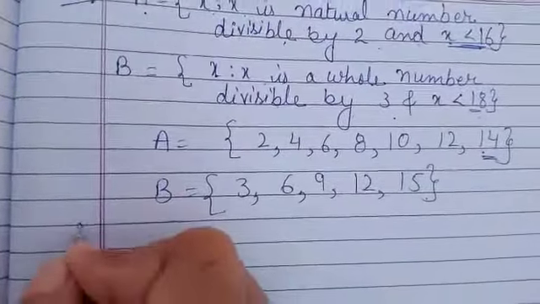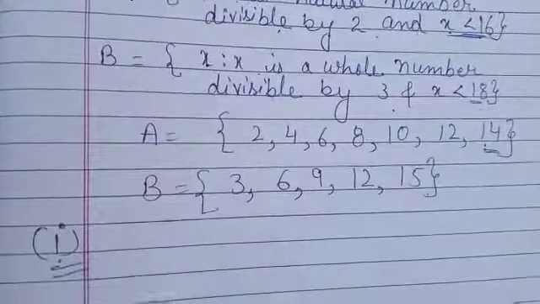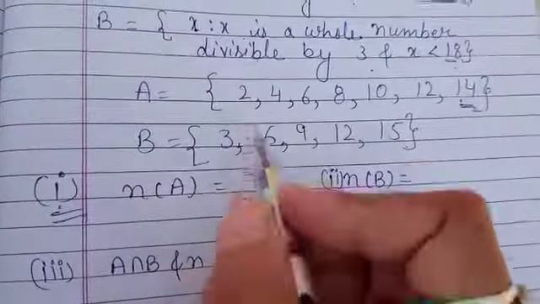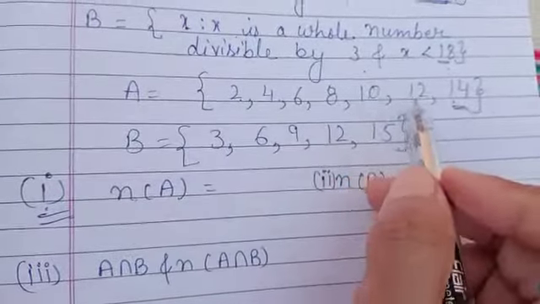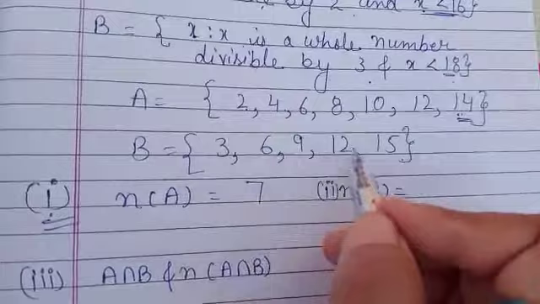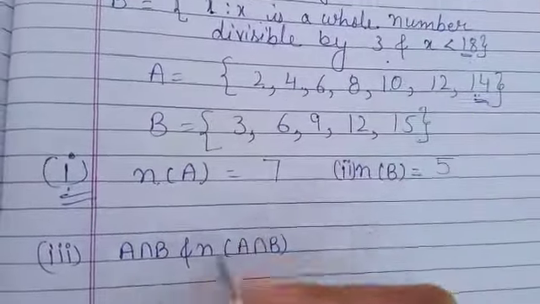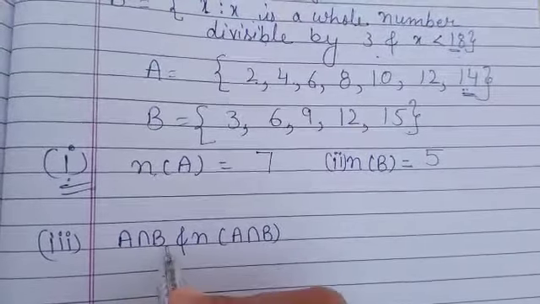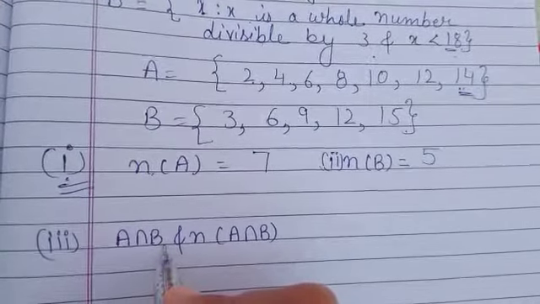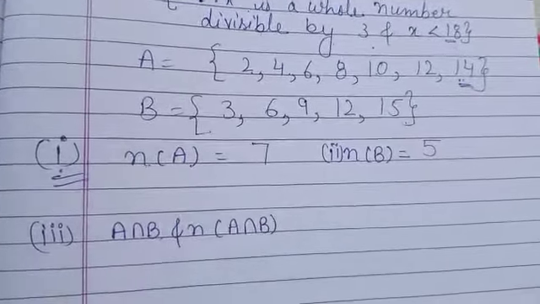Okay, now we will focus on what to do in the question. Here first we have to write the cardinal number of set A. 1 2 3 4 5 6 7. Cardinal number of set B. 1 2 3 4 5. A intersection B means only the numbers which are common to each other, only those we will take.